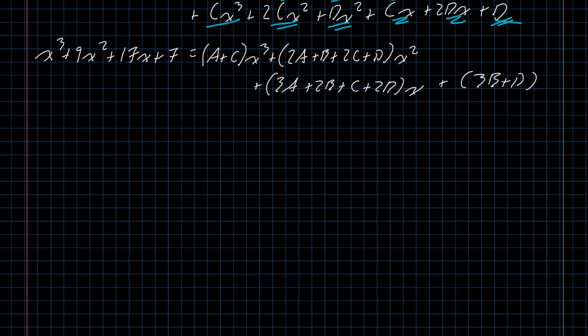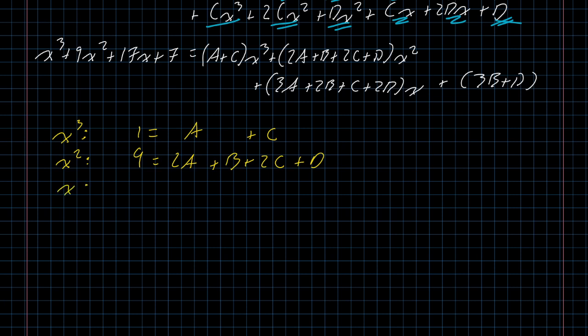Now that I have done that, I can build out my system of equations. My x cubed terms: on the left-hand side, the coefficient of x cubed is 1. On the right-hand side, the coefficient of x cubed is a plus c. My x squared terms: I've got 9 equals 2a plus b plus 2c plus d.